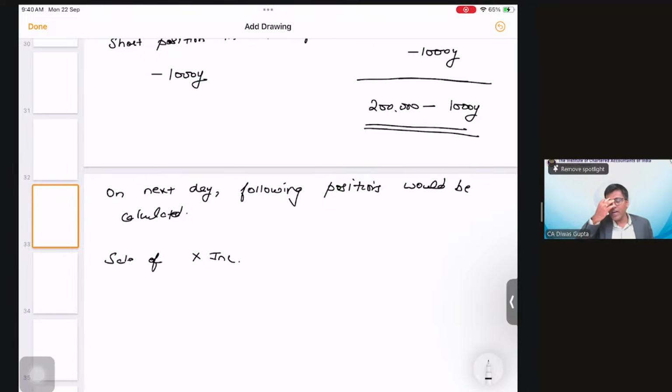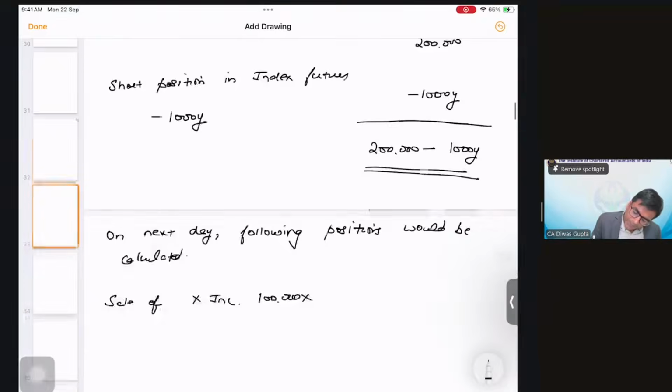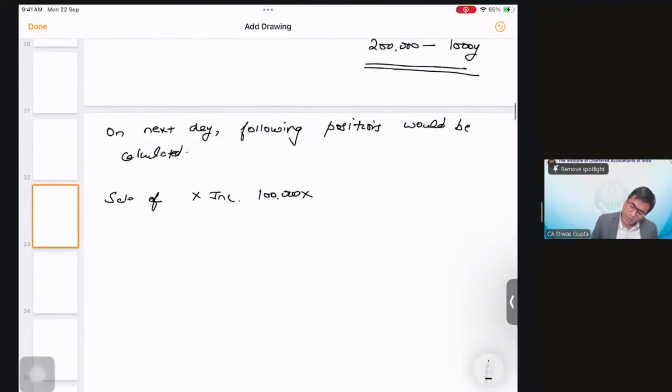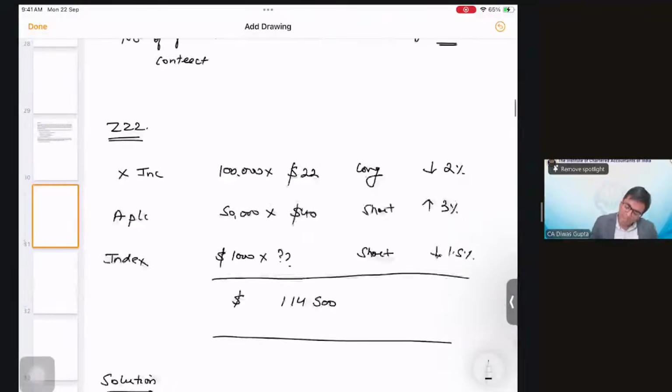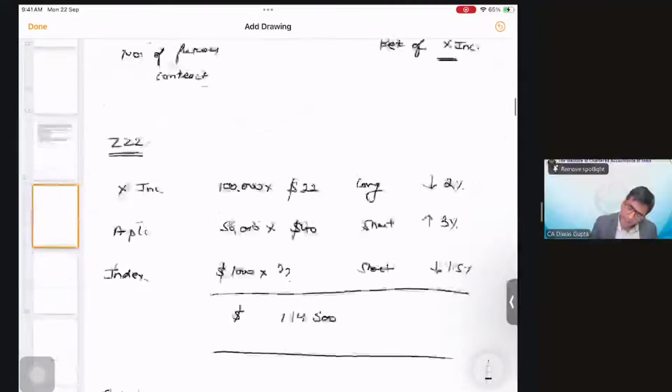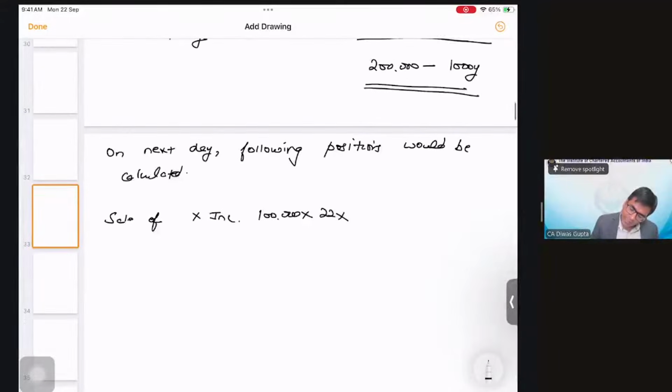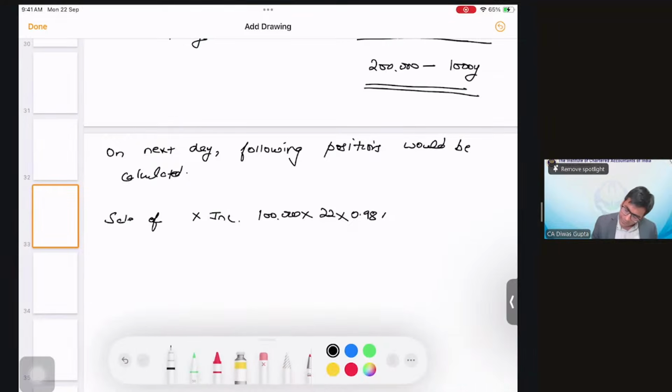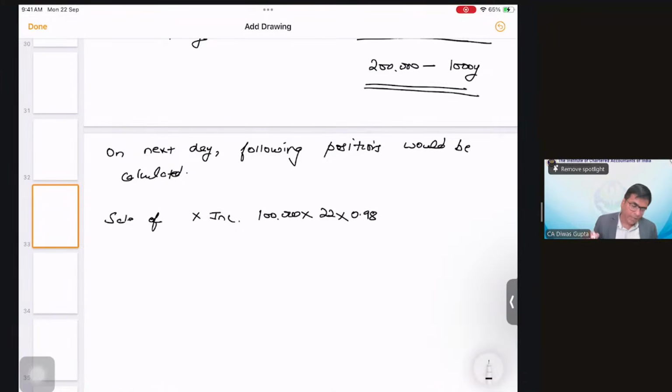Whatever we had purchased, that will be sold. 1 lakh was purchased. What is the price now? So opening price was 22. The prices have moved down by how much? By 2%. So the realization will only happen to the extent of 98%. Correct? So we will be realizing plus 21,56,000.